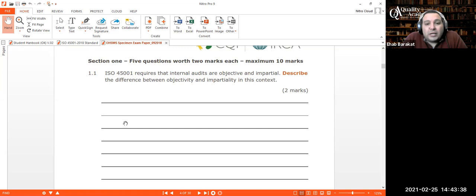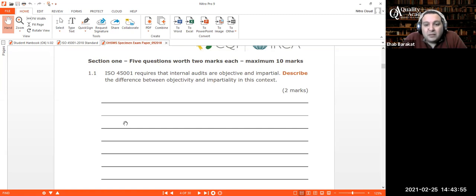If you search in the standard, or in ISO 19011, or in the material, you will not find a direct answer. The answer comes from your understanding. So what is meant by the auditor shall be objective?